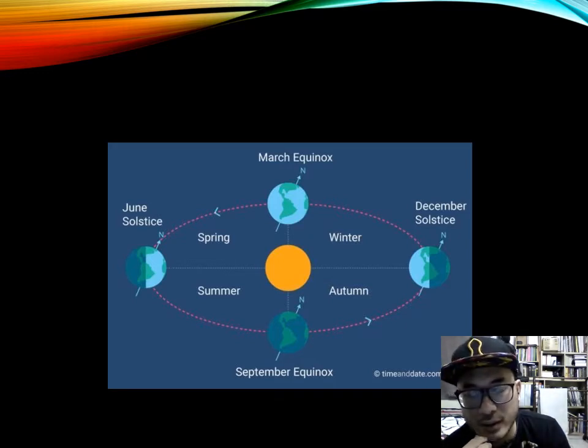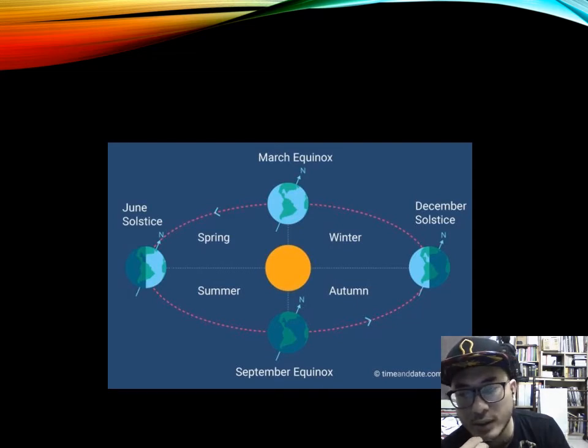The northern hemisphere will have different weather compared to the southern hemisphere. For example, now it is already November, it is about the end of autumn.